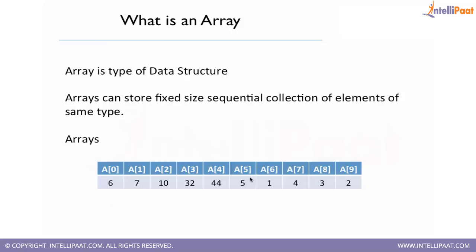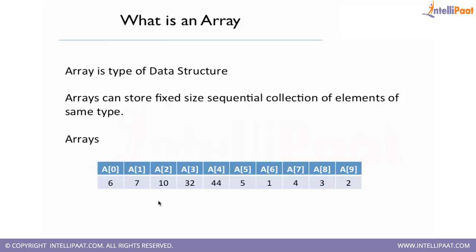For example, if you can see this example, here we have an array of integers where integers are stored in continuous locations next to each other. 6, 7, 10, 32, 44, 5, 1, 4, 3.